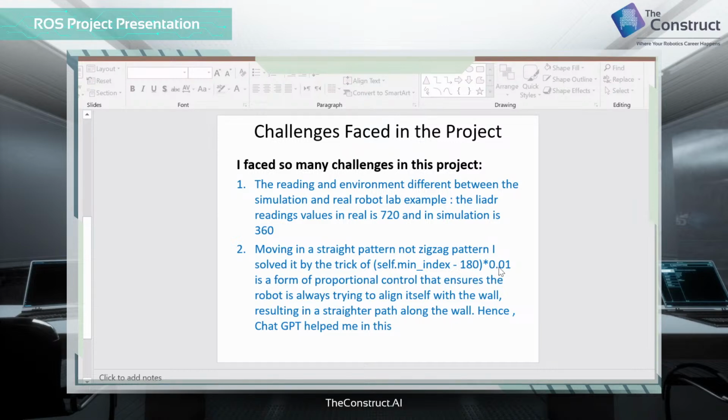So what our eyes see is that the robot is moving in a straight path, but it's not like this. In the real one it's curving, but a very slow curving, so our eyes cannot see it. Yeah, this is something awesome. These are the two challenges.